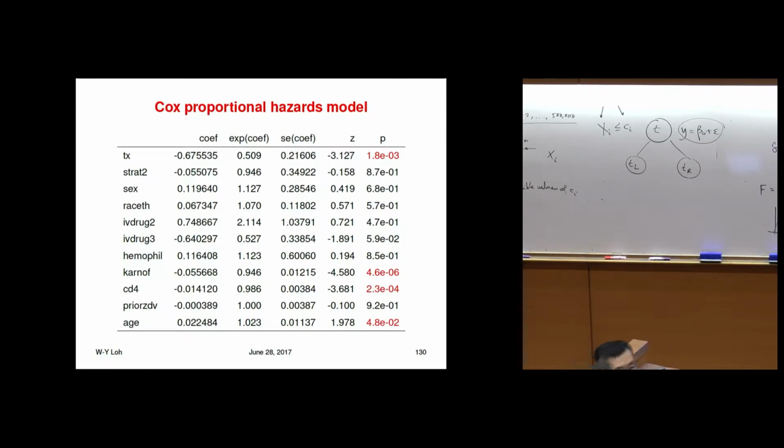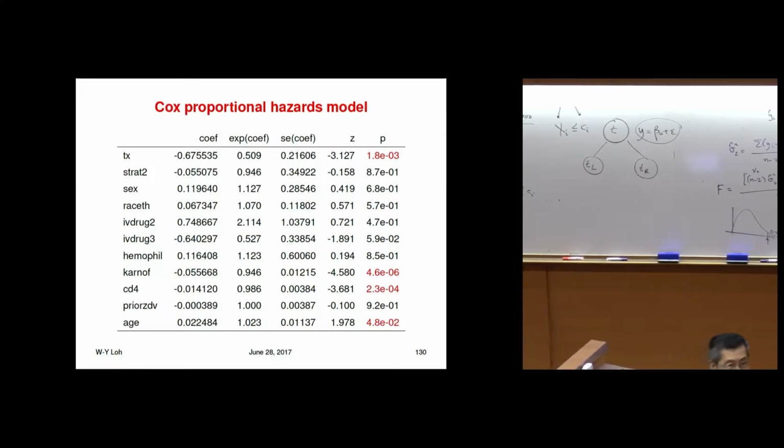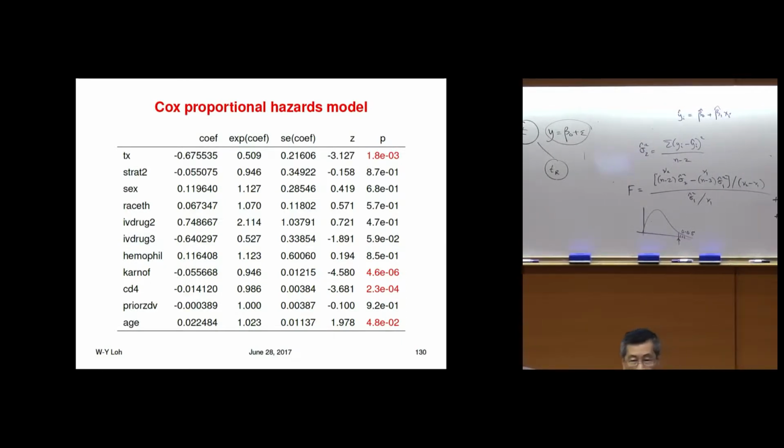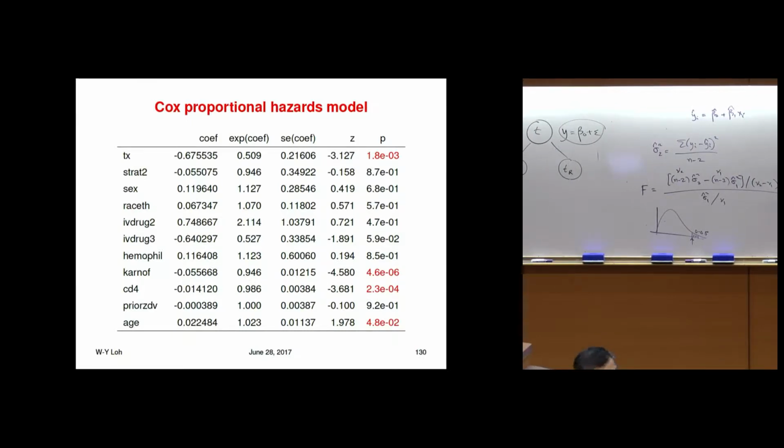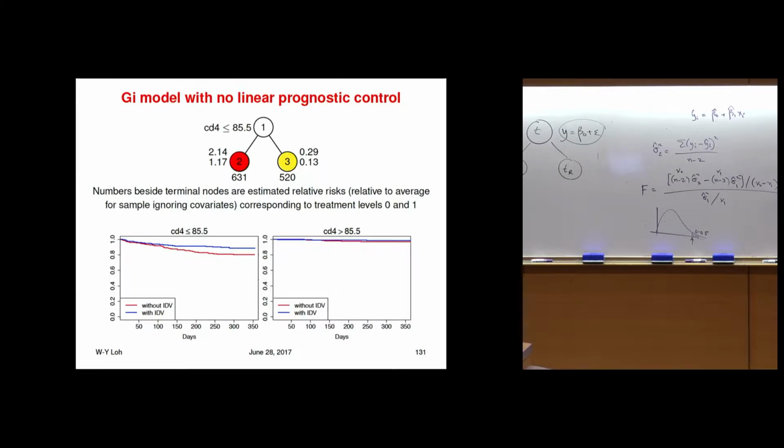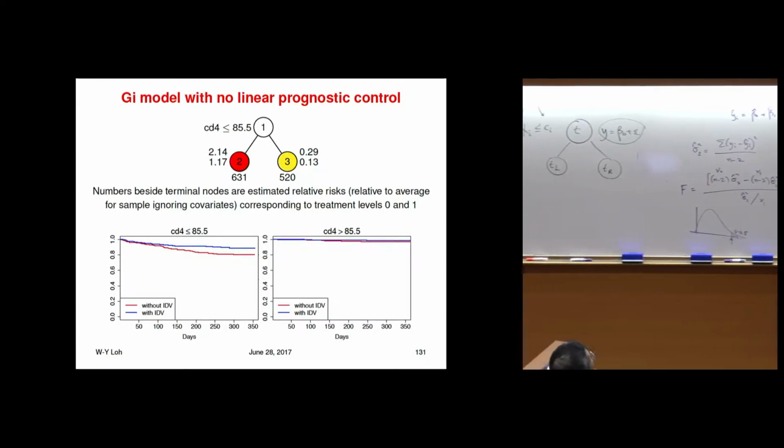So this tells you that it looks like this treatment is significant, right? It's useful. But it doesn't tell you, are there people who don't benefit from this treatment? You look at this, you think that everybody will benefit, okay? Well, you fit a Cox model, you find that's not true, okay? It's based on CD4.